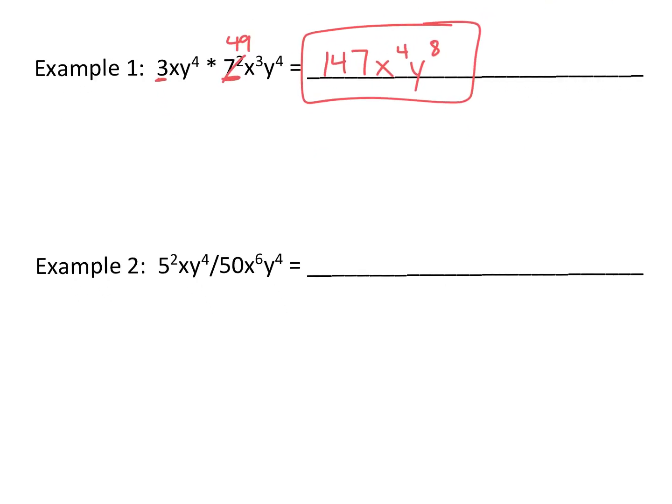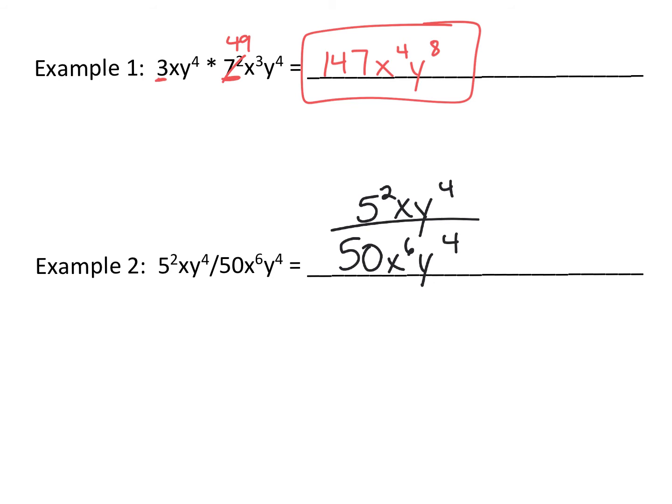Then we got example 2. I don't really like the way that this is written, so I'm just going to put the numerator on the top, denominator on the bottom. Same thing, okay. So when we are dividing, first thing we do is we divide the numbers just like normal, but the first thing I need to figure out is what is 5 squared?